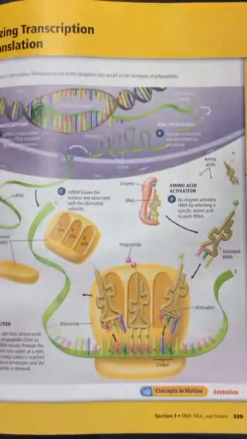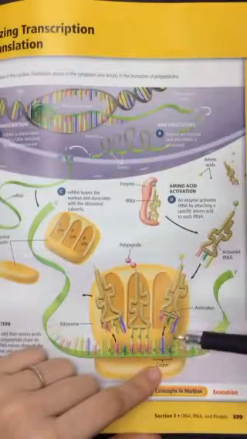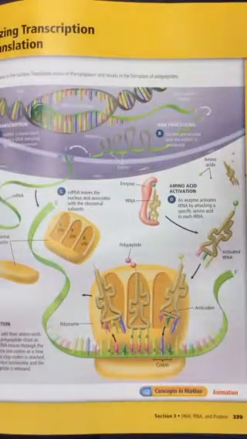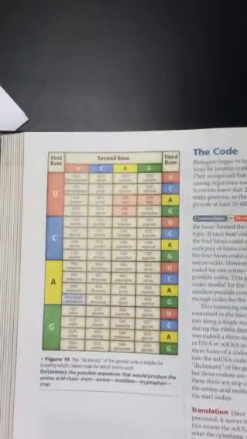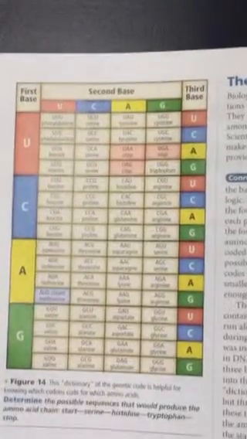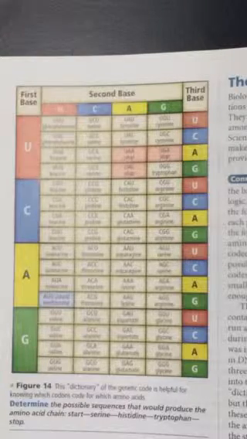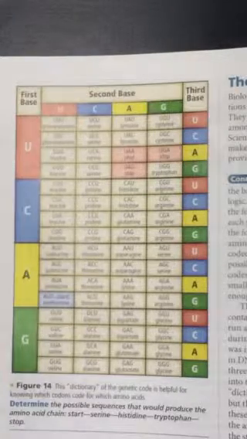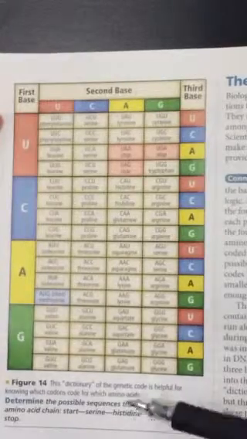But first, let's look at how a codon codes for an amino acid. This is also in your textbook on the opposite page. This right here is called a coding dictionary. I'm going to show you how to use this one and how to use another one that I think is a little bit easier, but there's no telling which one they'll give you on the EOC.